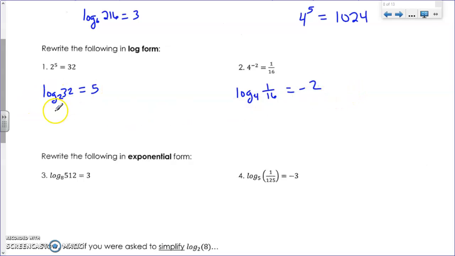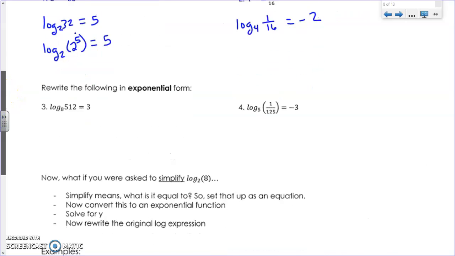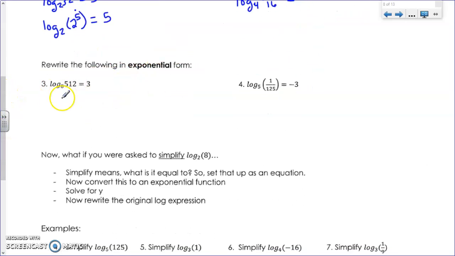Okay, I'm going to show you something on this, and you might remember this rule. So if we take 2 and break it down with a base of 2, then 2 to the 5th is 32. Then when you have these two, that's just going to equal 5. So 5 equals 5. So that checks out there. Okay, rewrite this as exponential form.